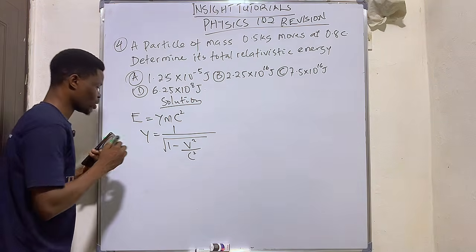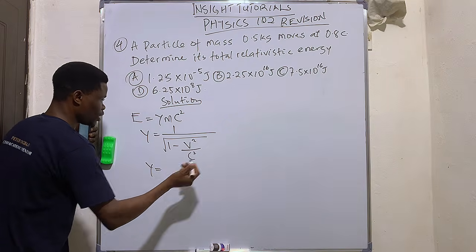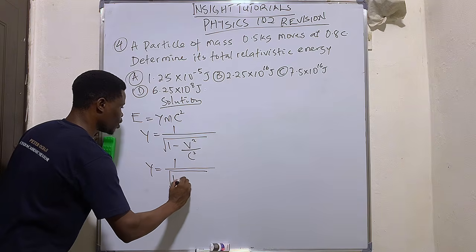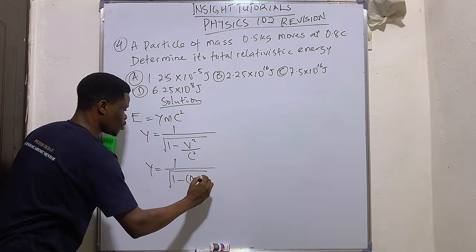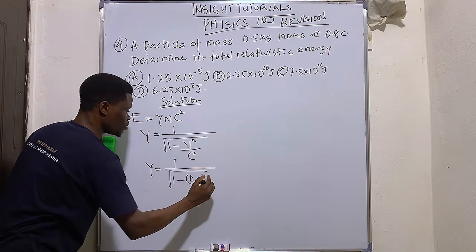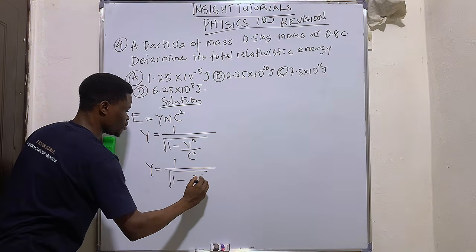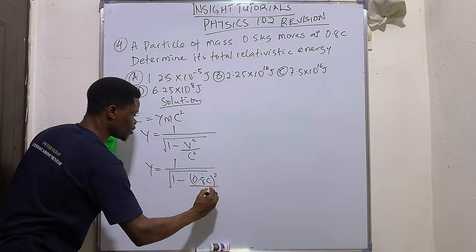So our Lorentz factor is 1 all over the square root of 1 minus 0.8c all in its squared all over c squared.